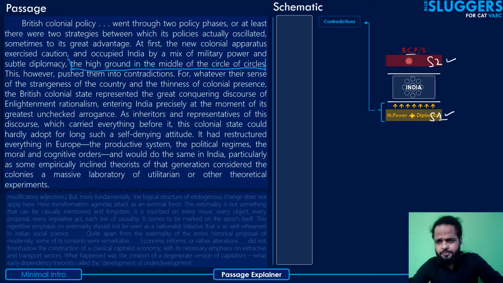Okay, so whatever they believed with respect to how strange they found the country India to be, and how thin the colonial presence in this country was, right?